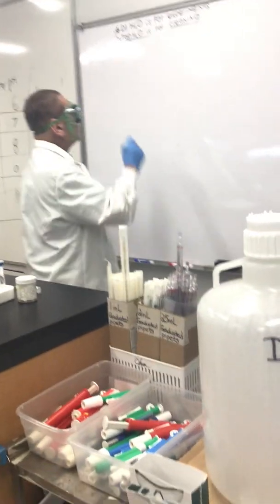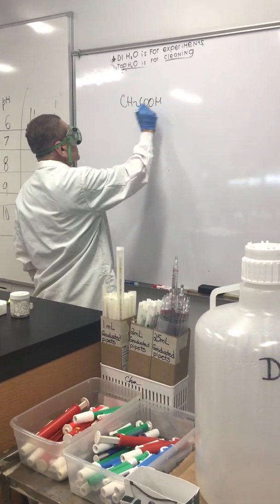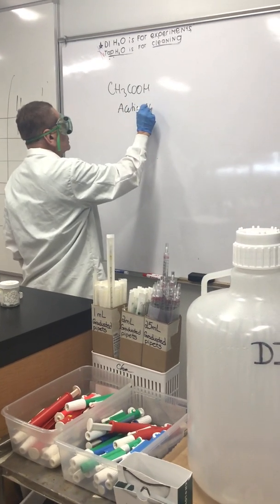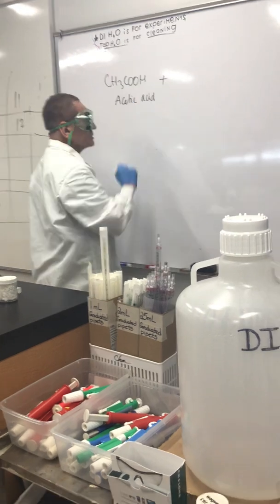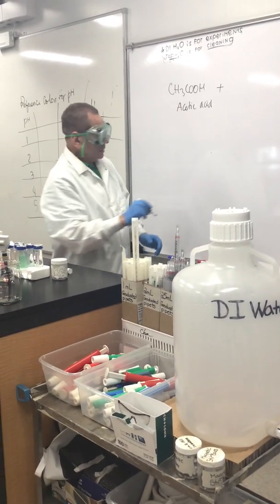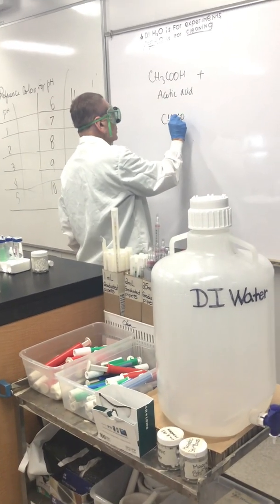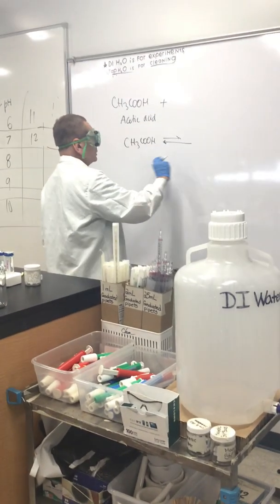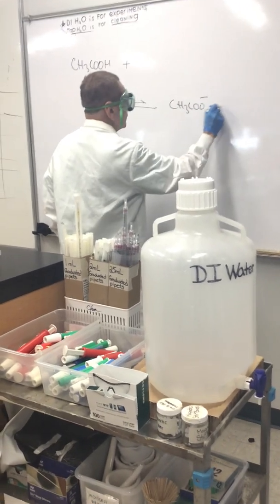So if I take acetic acid, CH3COOH, this is acetic acid. Let me write it down, acetic acid. And then add to this the weak base. So what's a weak base? Take the acetic acid, CH3COOH, it dissociates slightly to CH3COO- plus H+.